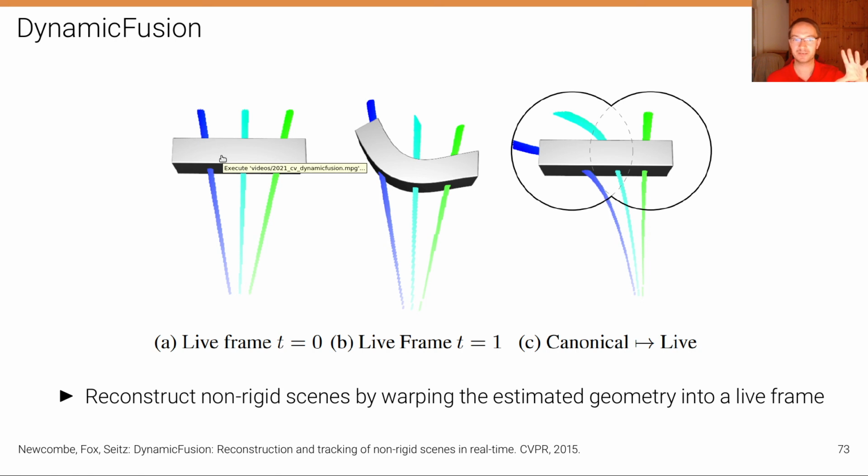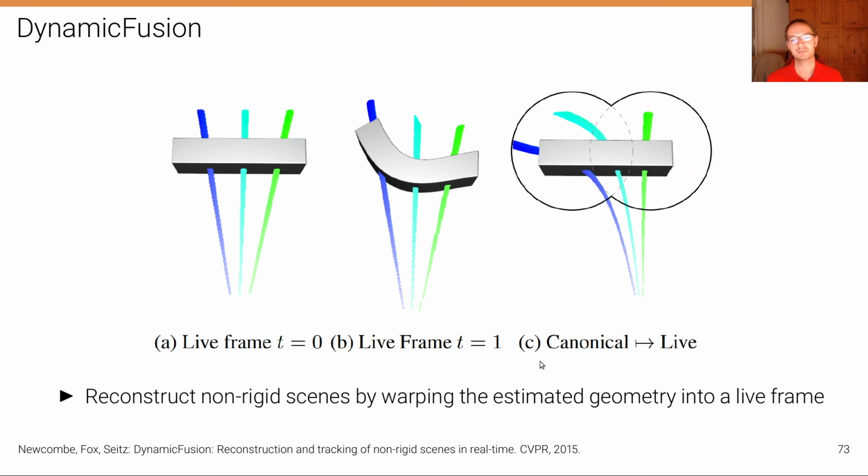from the first frame, a canonical representation has been extracted, and then with every live frame, we can map between this canonical representation and a live frame. So for instance, if we take the canonical representation and map it to the live frame, then these rays would actually bend if we map from the live frame to canonical frame.